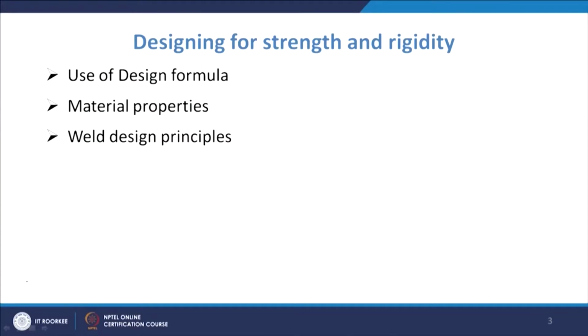In any weld you require the strength as well as the rigidity, and we feel that we must have the welds in such a way that they will not fail, break or yield when subjected to reasonable loads or reasonable overloads.